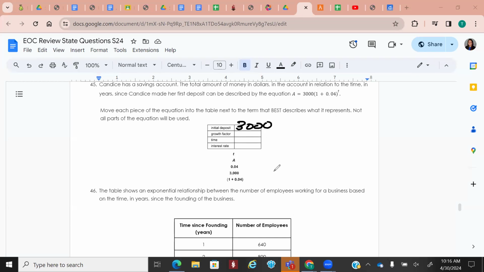And then what's the growth factor? 1 plus 0.04. Okay, what about time, which is at T, and then your rate? Okay, so growth factor, they like to trip you all up with factor versus rate. Rate is the percentage. The factor is 1 plus whatever that percentage is. Does that make sense? Okay.